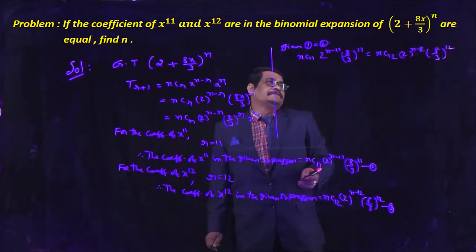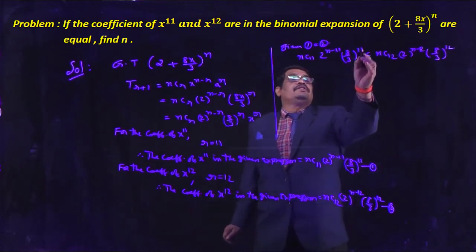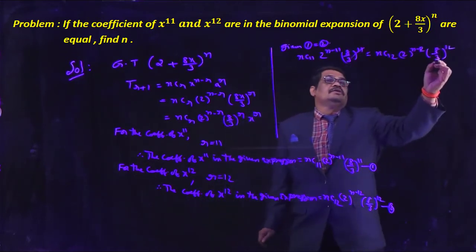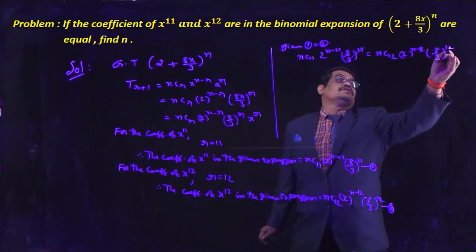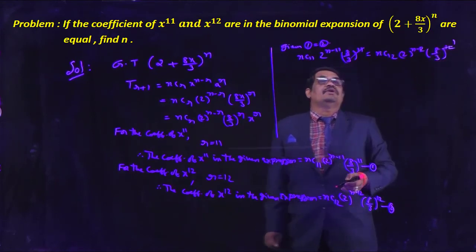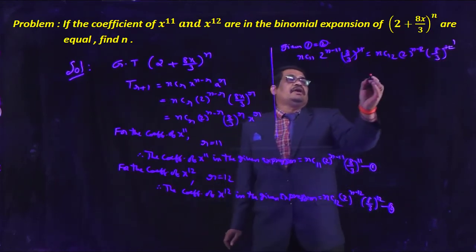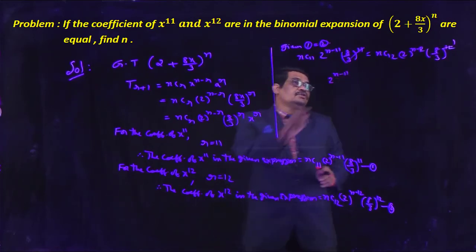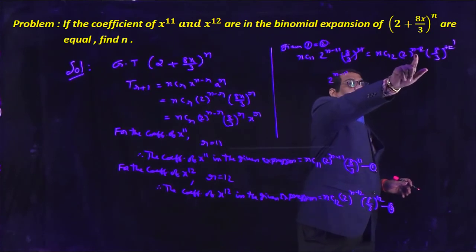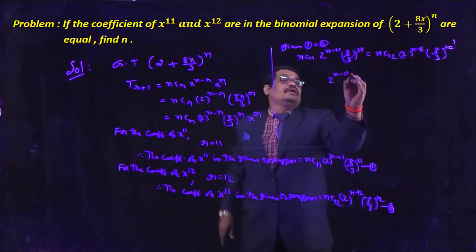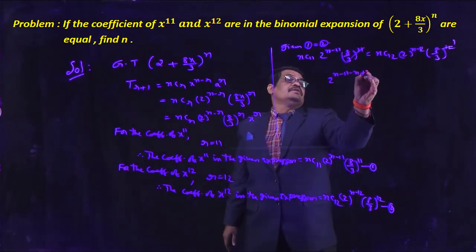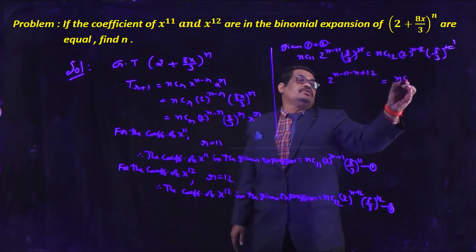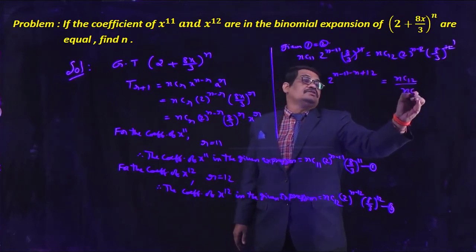Now we write here (8/3)^11 moving to this side, then 12 minus 11, that is we are getting 1. Next we write 2^(n-11). So this term 2^(n-12) moving to this side can be written as 2^(-n+12), that is equal to nC12 by nC11.